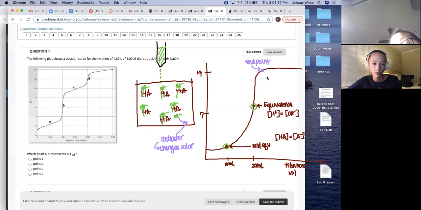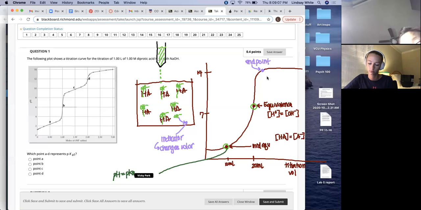Now, what this is saying is at mid-equivalence, pH equals pKa, because the log of conjugate base over acid cancels out. That cancels out, so pH equals pKa at mid-equivalence.